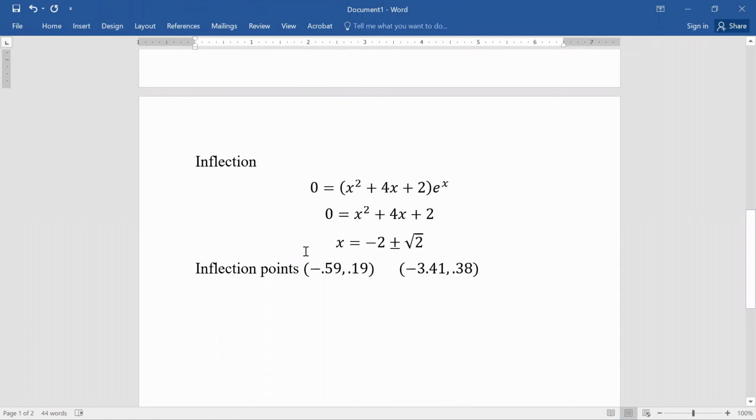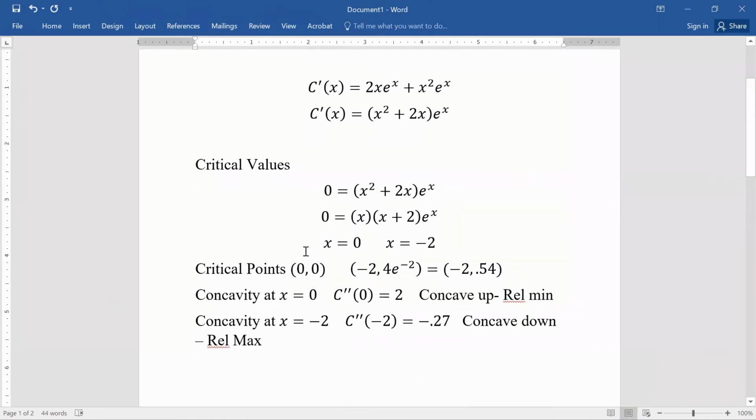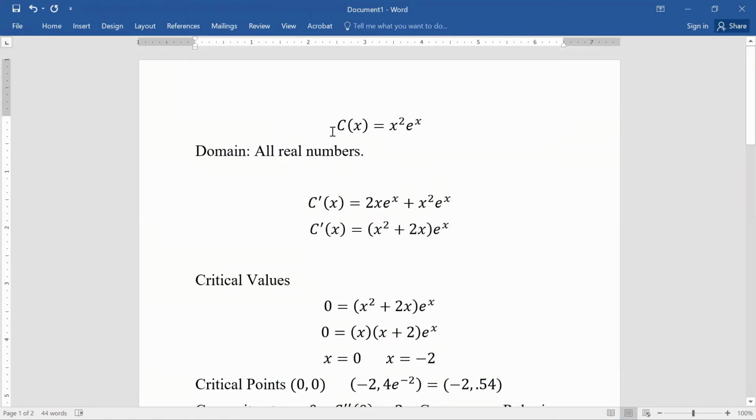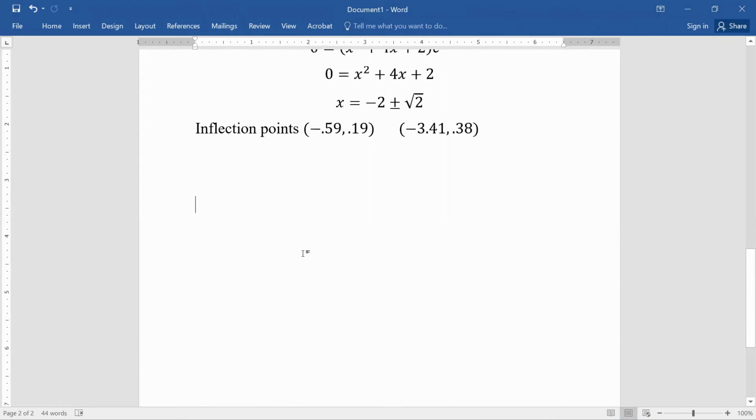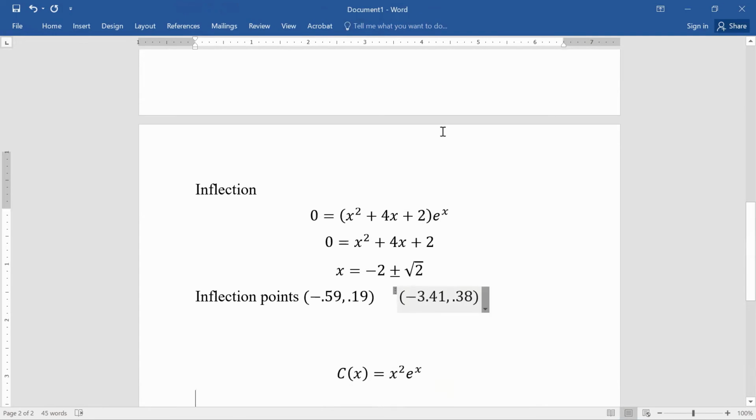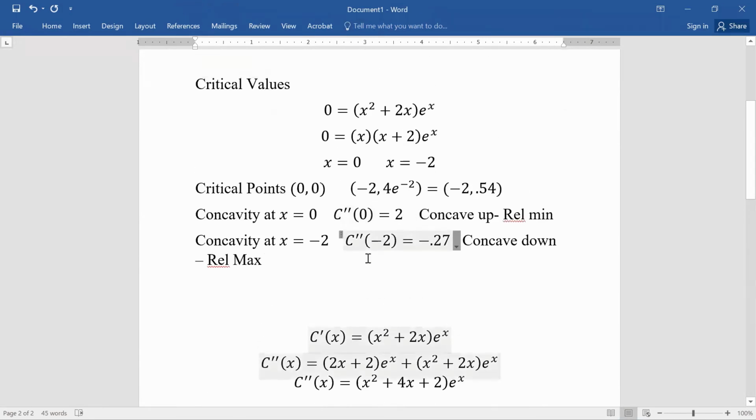The only thing I really need to figure out is the behavior of the function as x goes to positive and negative infinity. Well, technically, we only care about negative infinity because we know that beyond the x value of -3.41, we know we're concave up. So we know we're going to be pointing up.